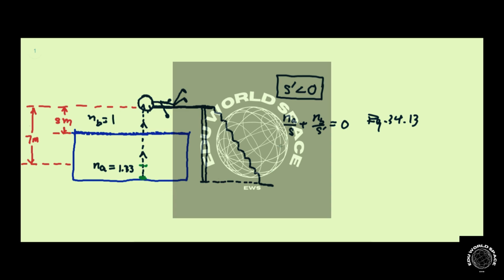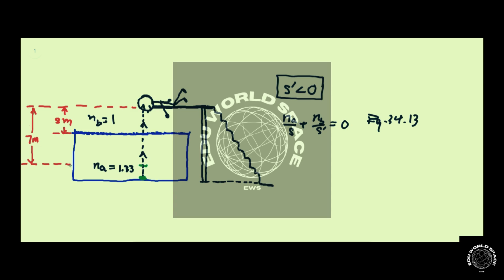We need to solve for S, but we first need to appropriately determine S prime, because S prime is determined relative to the interface of the two media and not by the observer. So the 7 meters is not the S prime.